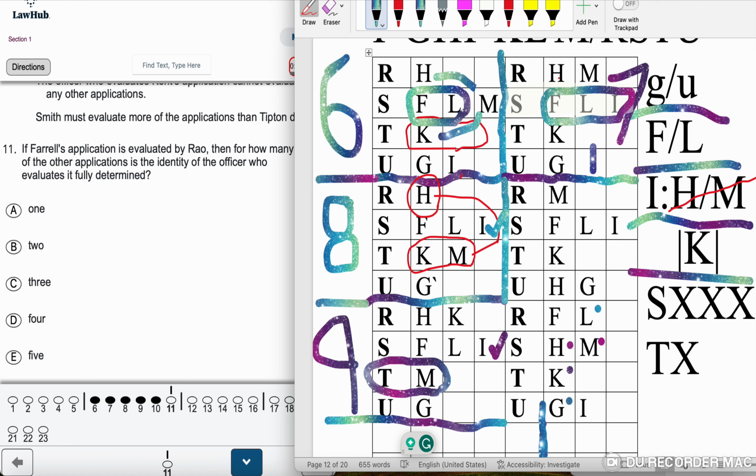So right now I see possibly five applicants already. And the reason I say 5 is because L has to go with R, H and M has to go with S, T has to be by itself, so it goes K, and I is going to go with G this time, and G has to be with U, so we have 1, 2, 3, 4, 5.